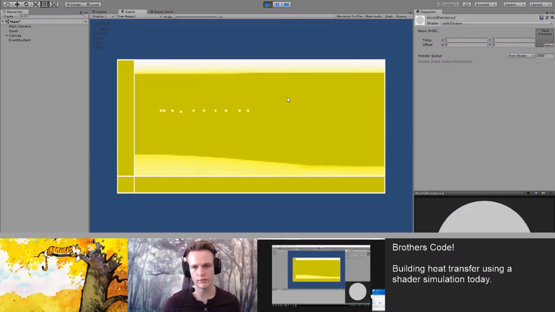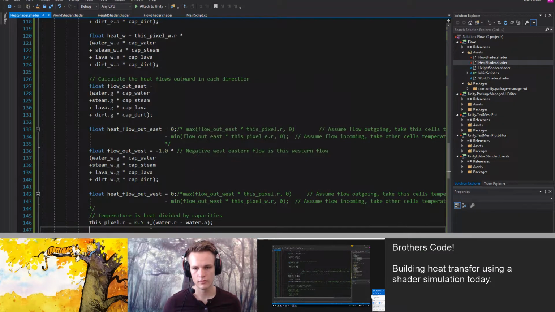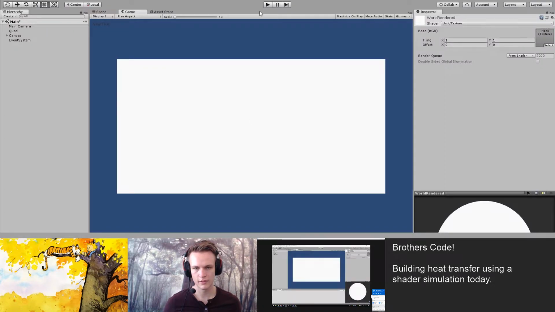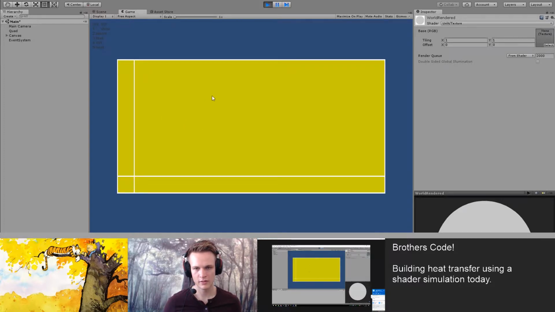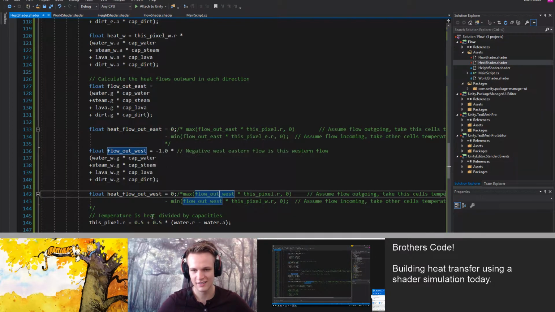Well, you've got to multiply by 0.5 as well as add. I think we saw it working, but you're right. So water flows. There is some difference. Yeah, and it's darker where the water's flowing from and brighter where the water's flowing to. Okay, so that works. All right, it's doing that correctly. Hooray.